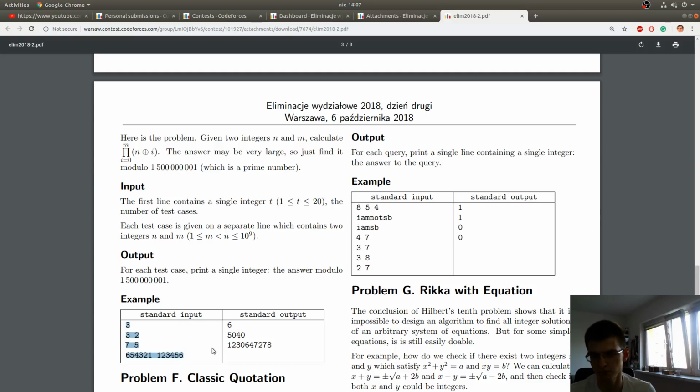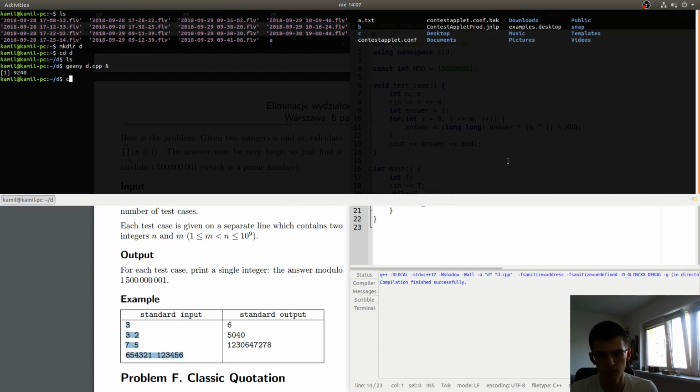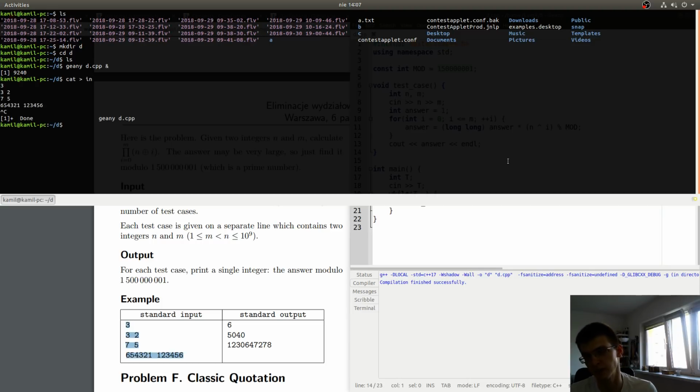And let's see if this works. Always save the sample input to a file, just to not copy it again and again, to have it in one place, to then conveniently run it. And we see that the answer is correct for the first two examples, but it's incorrect for the last one.